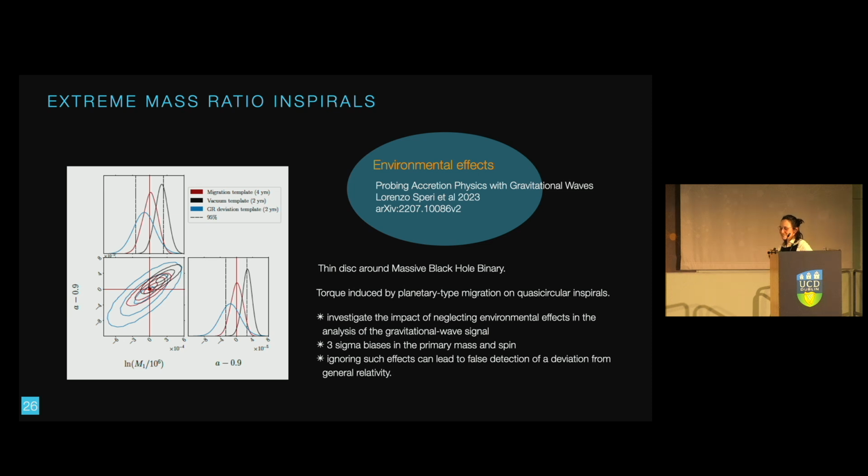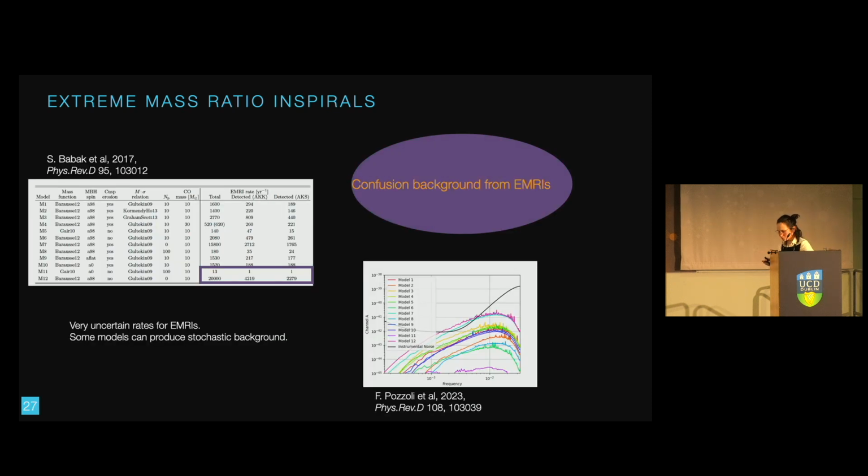Another difficulty that lies in possible incorrectness of the waveforms is that there has been a study that's shown if you don't account for environmental effects that can affect your waveform and your parameter estimation, you can misinterpret these environmental effects by saying that you detect deviations from general relativity.